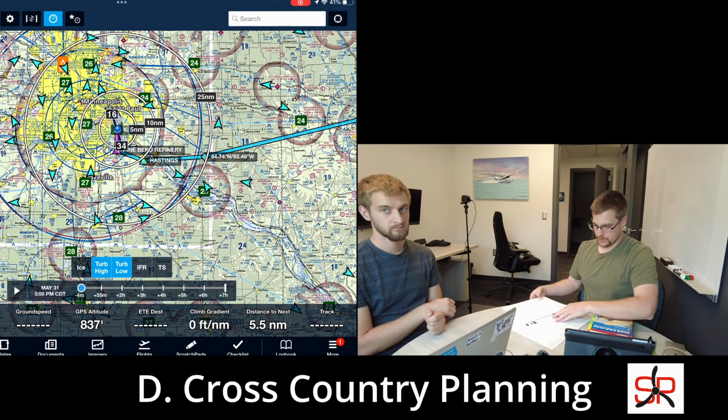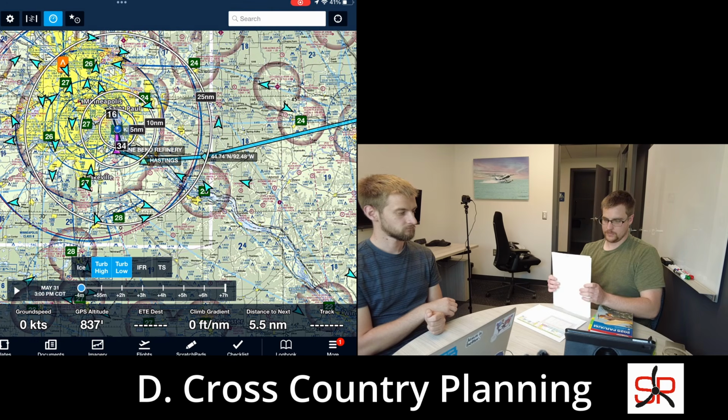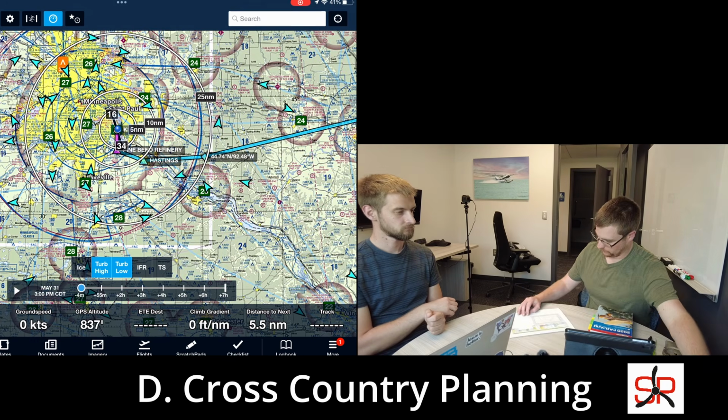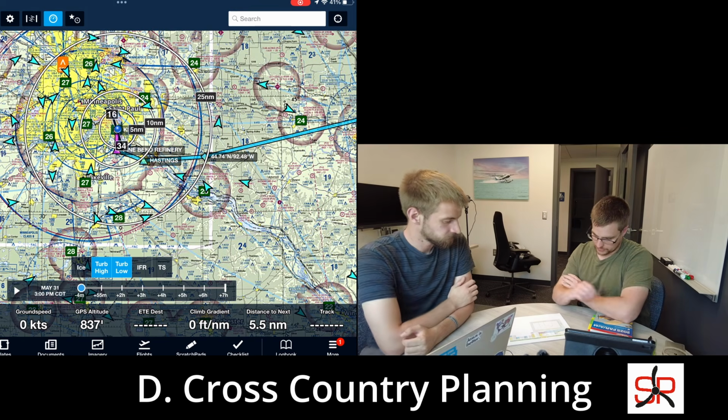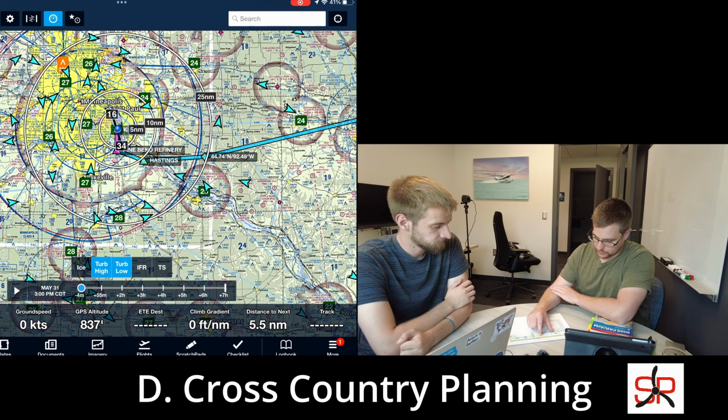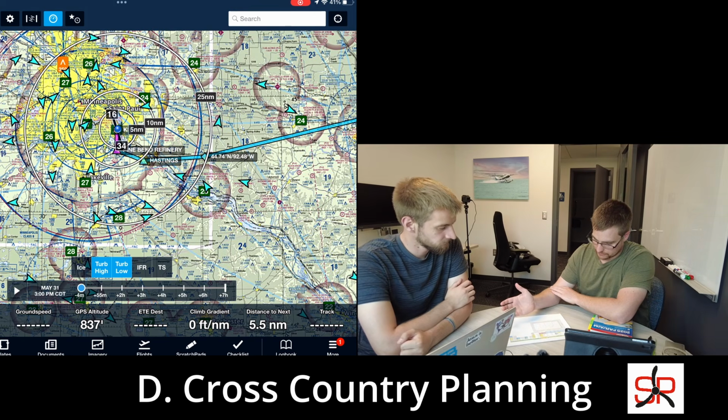So for our weight and balance, let me see here. I have performance charts here. I built a spreadsheet for. Okay. So we'll be taking myself, a pilot, 180 pounds, and 3 passengers, 1 at 225 pounds, 1 at 200 pounds, 1 at 130 pounds.